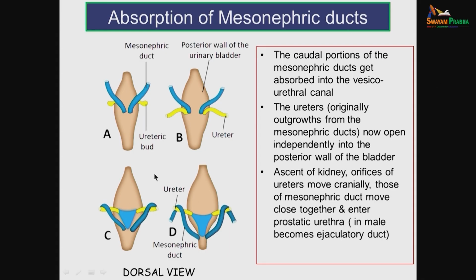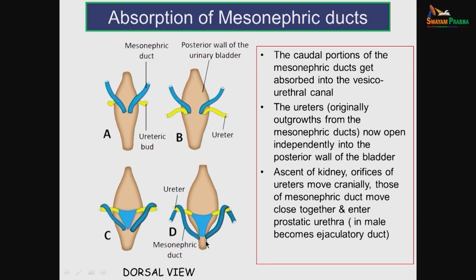Because of the ascent of the kidney, the orifices of the ureter move cranially, and those of the mesonephric duct move caudally, and they are going to open into the prostatic part of the urethra, and this caudal part of the mesonephric duct is going to form the ejaculatory duct.